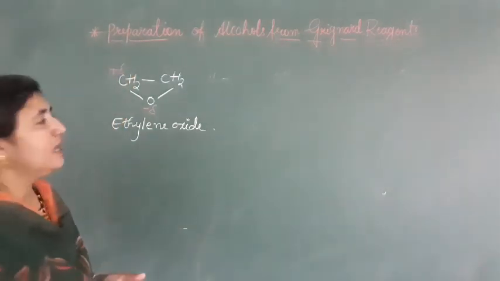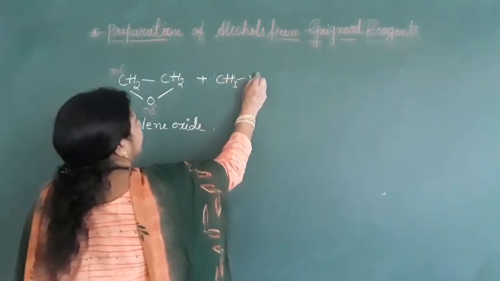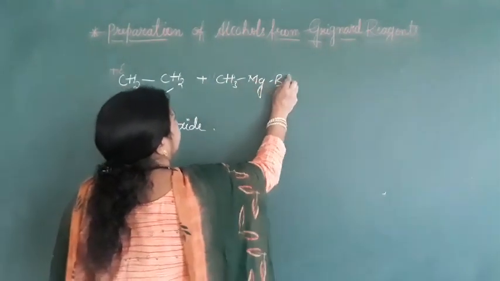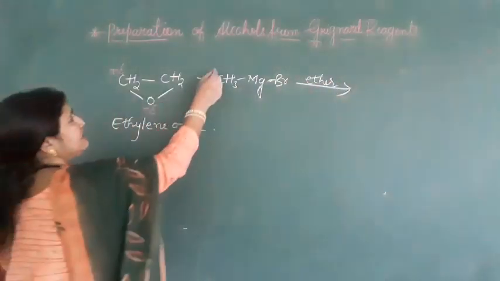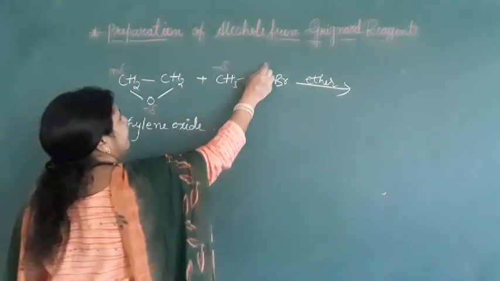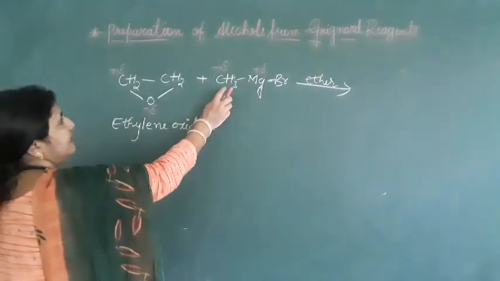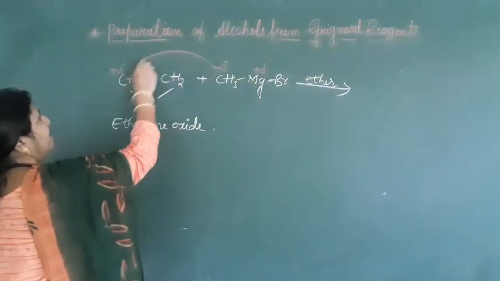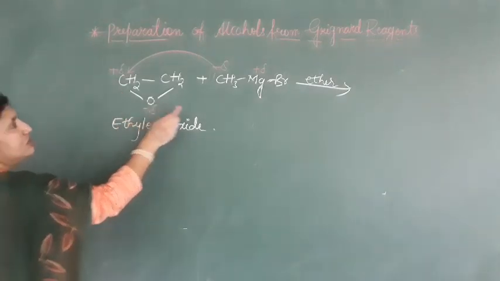And we have our CH3MgBr, Grignard reagent, in the presence of ether. So what will happen here? This methyl group is partially negative, this magnesium is partially positive. So this methyl, this nucleophile, will come and attack this carbon. And on this oxygen who will come?